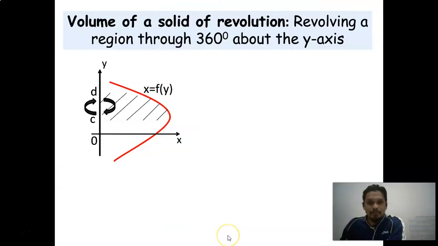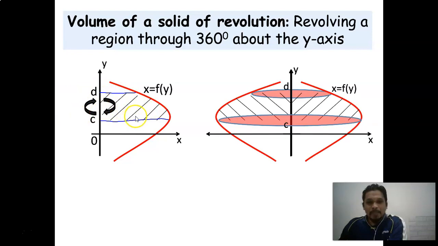And also the volume of a solid of revolution, revolving a region 360 degrees about the y-axis. Just imagine that this is the area, and this area is rotated 360 degrees about the y-axis. You can name the shape anything, it might be like a drum.